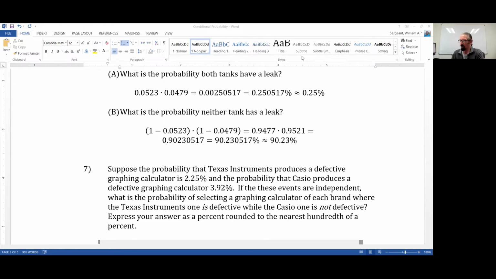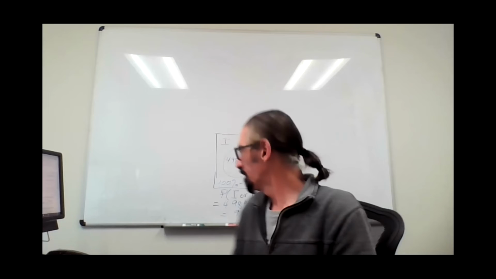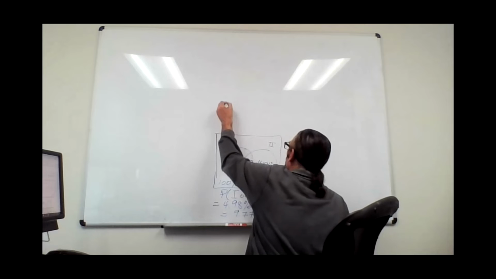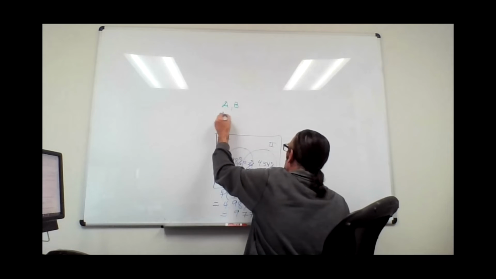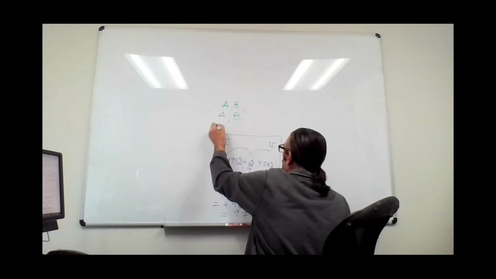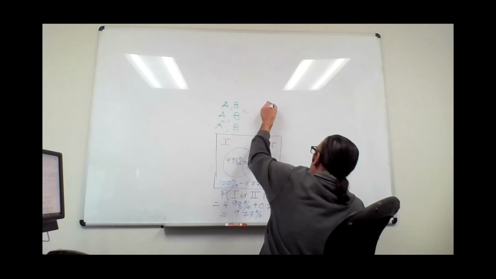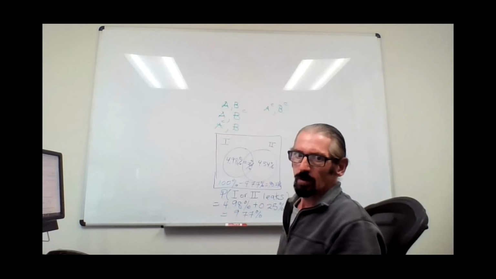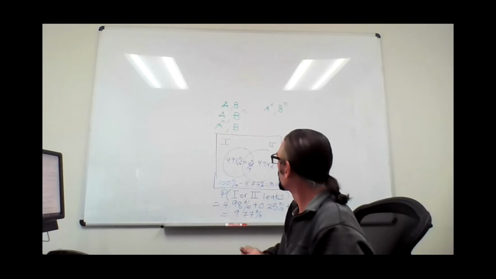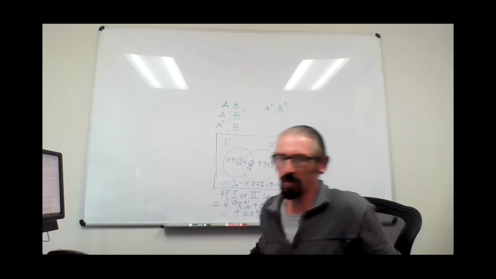Basically, the idea is not only are A and B independent, if A and B are independent, then we get three more pairs: A and not B, not A and B, and not A and not B. As soon as you have one of those pairs being independent events, the other three pairs are independent events. Use that instead of Venn diagrams, and we're going to make the next two go very quickly.